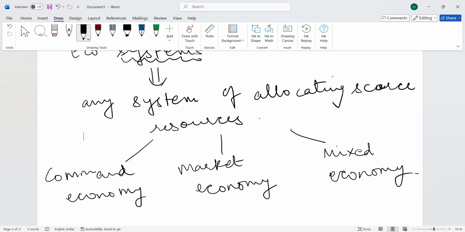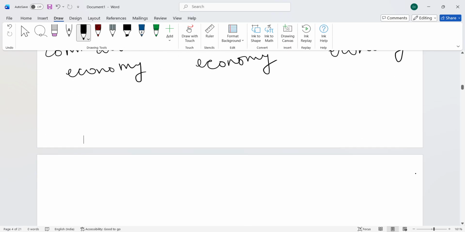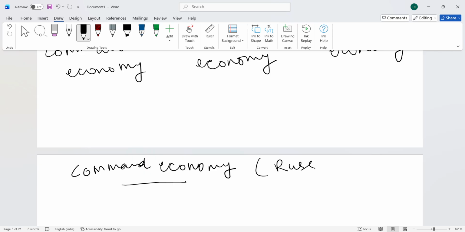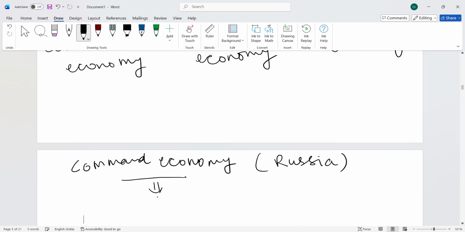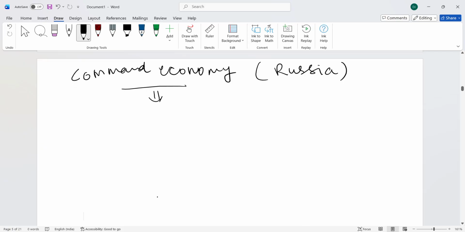All right. Let's understand what a command economy is. I'll be discussing the purest form of command economy. A very close example of a command economy, I can say, is Russia. In economics, how do we define a command economy? A command economy is one where everything is controlled by the government.